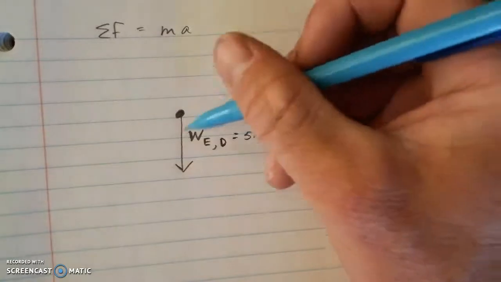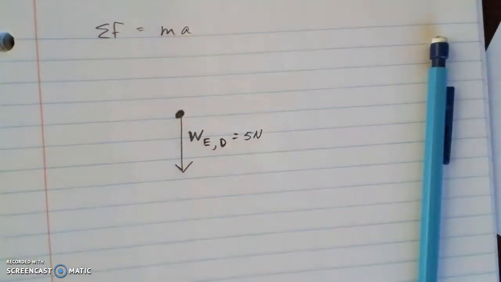But when I look at an object with just one force vector on it, that right there tells me that the forces are not balanced. It tells me that, okay, only one force is acting. There has to be something called a net force.